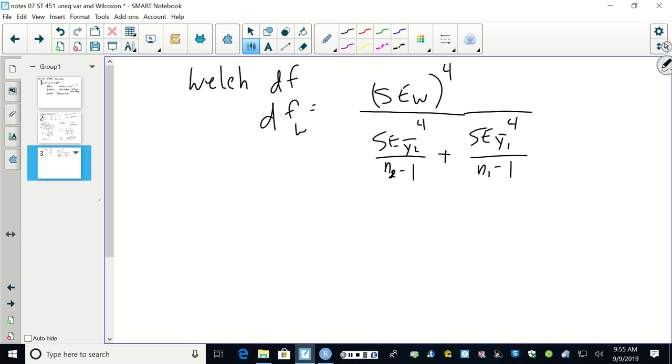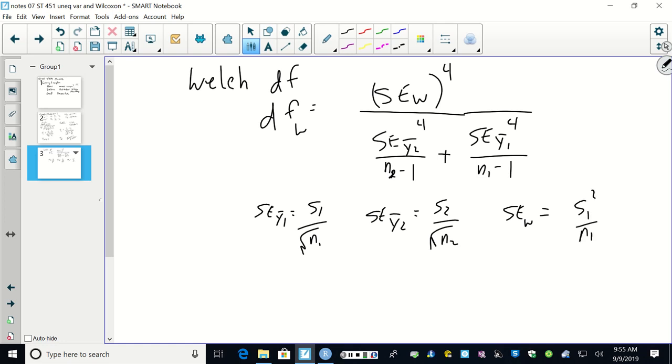And these different components: the standard error for y bar 1 is S sub 1 over the square root of n1, S2 over the square root of n2. And the standard error, this one, is the S1 squared over n1 plus S2 squared over n2, and the square root of all that.